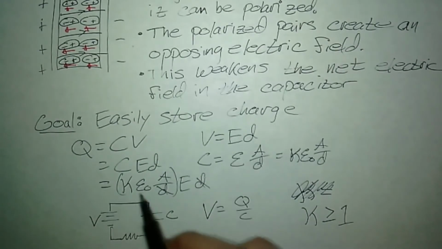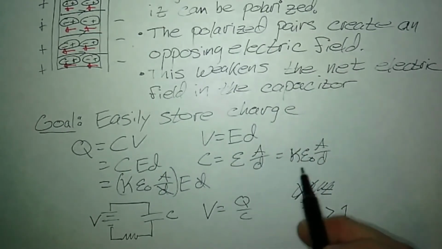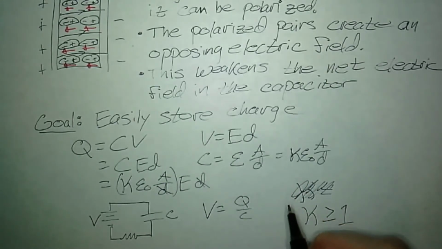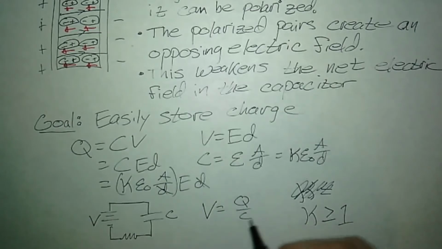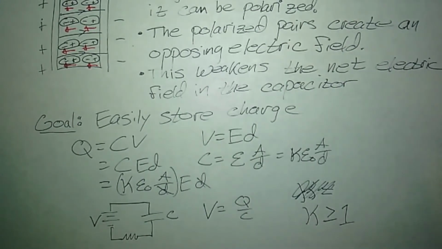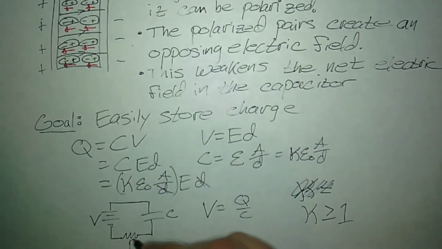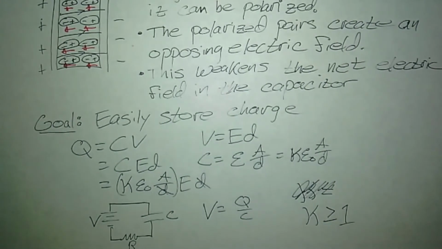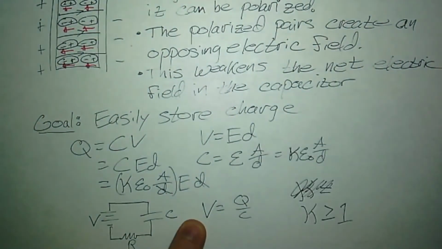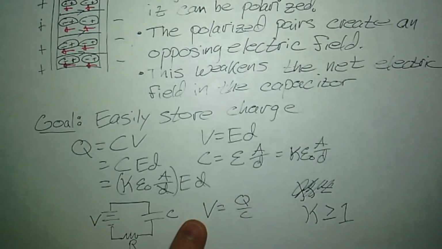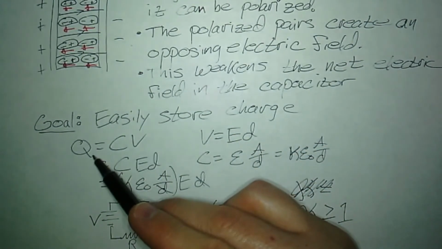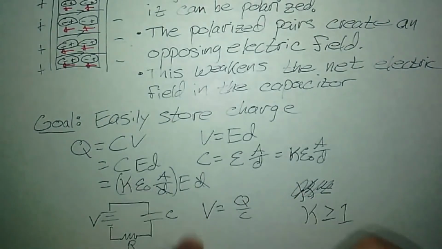So by putting this kappa in this equation, I've caused this to go up, which means that to get the same ratio, I have to increase the charge. And so I'm being allowed to store more charge for the same potential. So it lowers my electric field, yes, but in lowering my electric field, it lowers my potential across the capacitor, which then allows me to store the same charge, or more charge for the same capacitance.